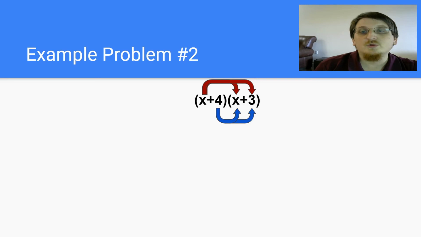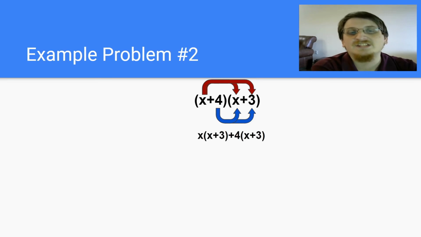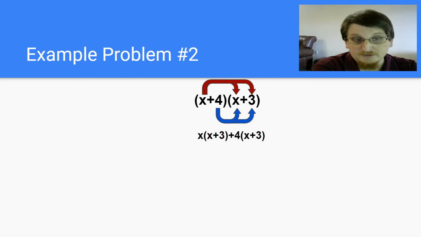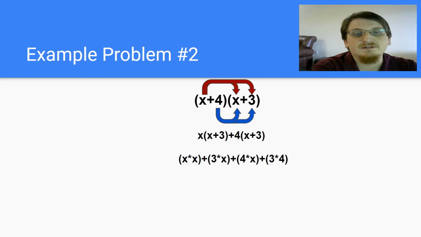Okay, so we start by multiplying x times x. And remember, this gives us x squared. x times x is x squared. So now staying with our x, we're going to do x times 3. Now we multiply the other part with the 4. So 4 times x and 3 times 4. And then we just solve using multiplication and math.